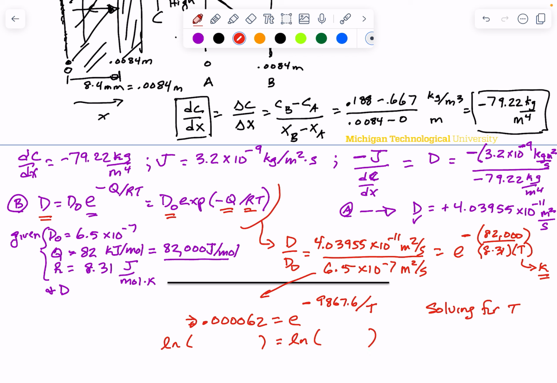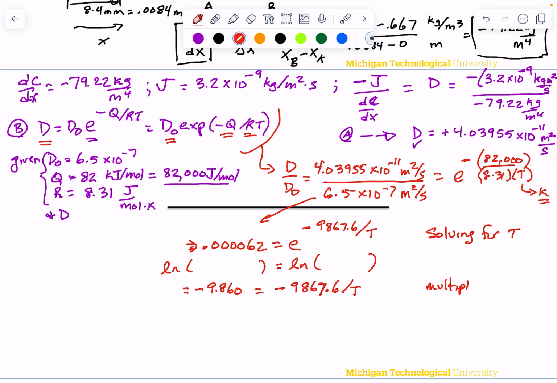And what I will get when I take the natural log of that little tiny number is minus 9.860, and that will equal, so the natural log of e raised to that number is just that number, so we will get 9867.6 divided by T. So now I'm going to multiply both sides of the equation by T. Both sides have a negative sign, so they're going to get wiped out, so we'll say 9.860 T equals 9867.6, and now I'm going to divide by 9.860. T equals 9867.6 over 9.